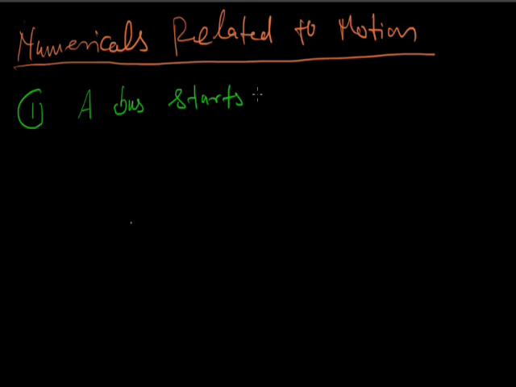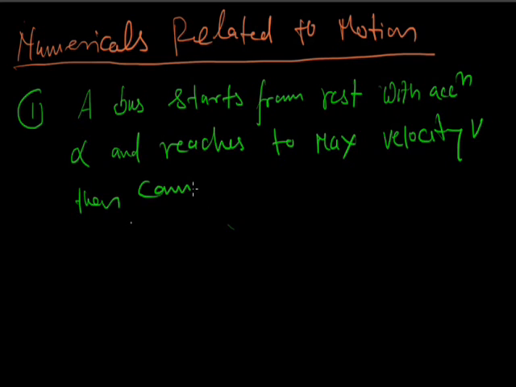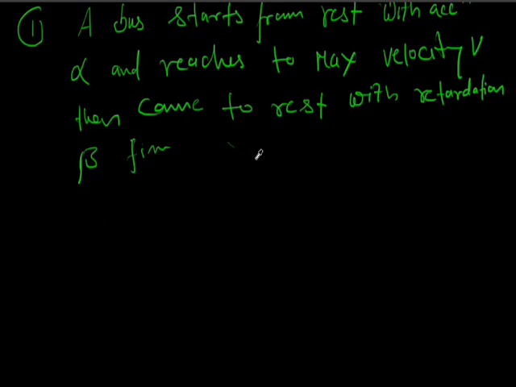A bus starts from rest with acceleration alpha and reaches the maximum velocity v, then comes back to rest with retardation beta.